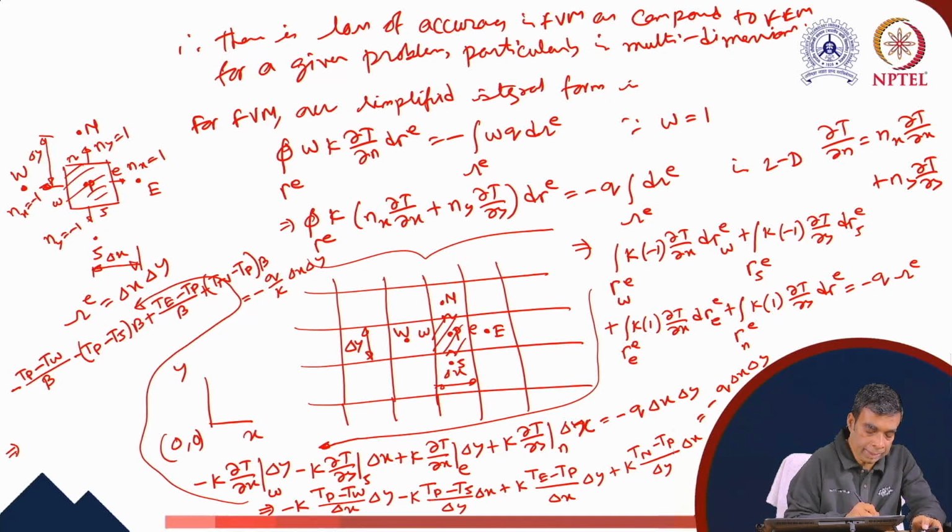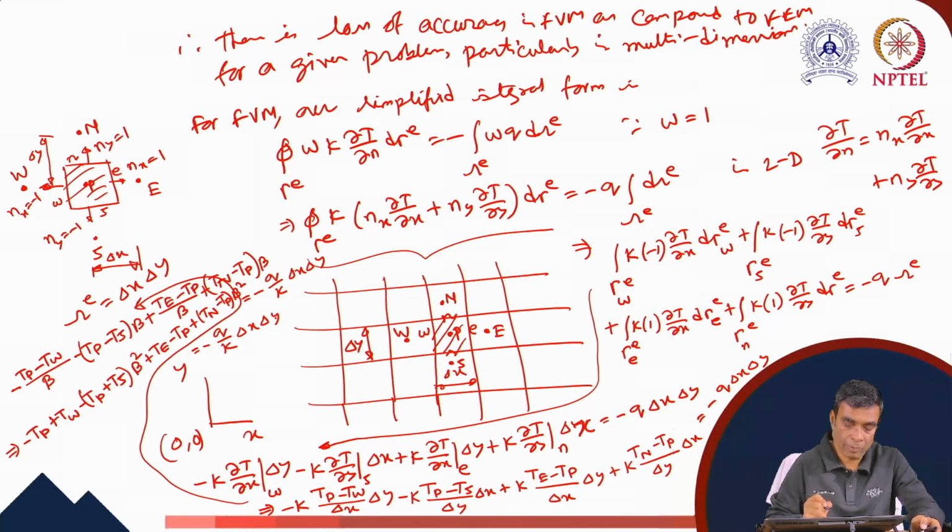So we can write it as minus Tp plus Tw, minus Tp plus Ts into beta square, plus Te minus Tp plus Tn minus Tp into beta square, equals minus q by k delta x delta y.